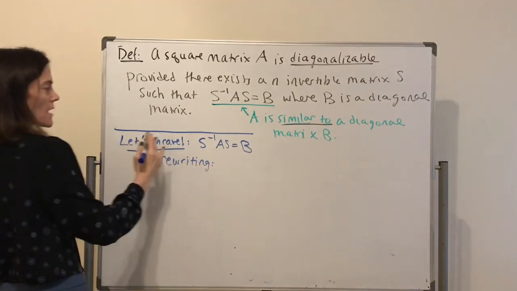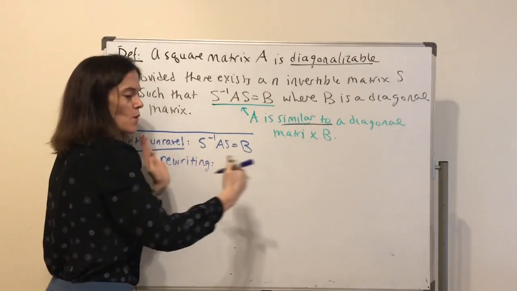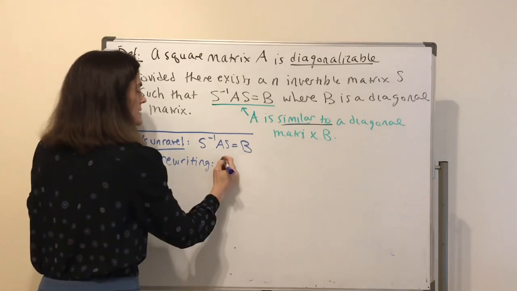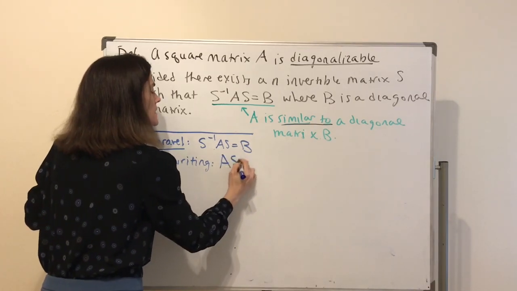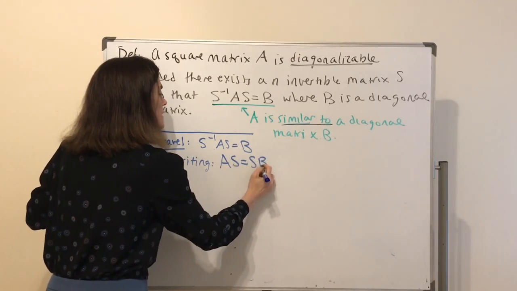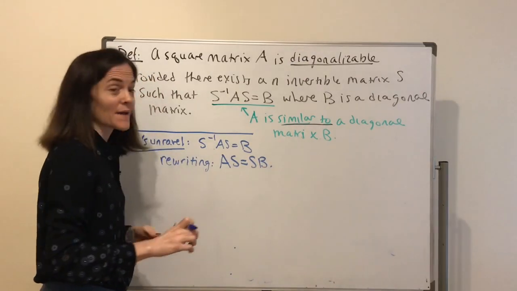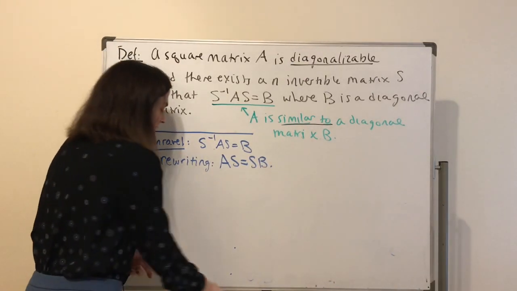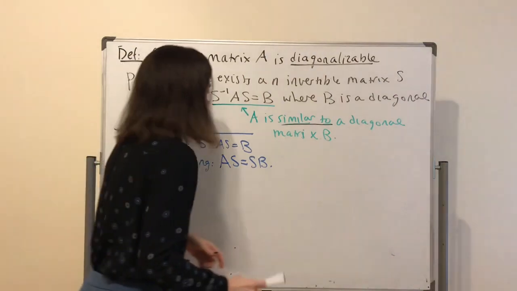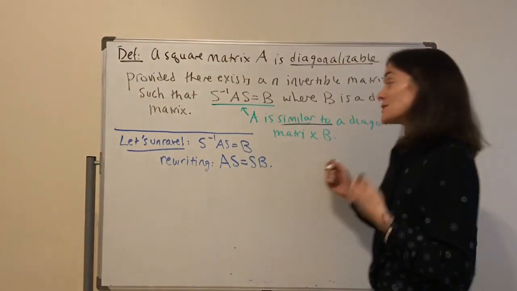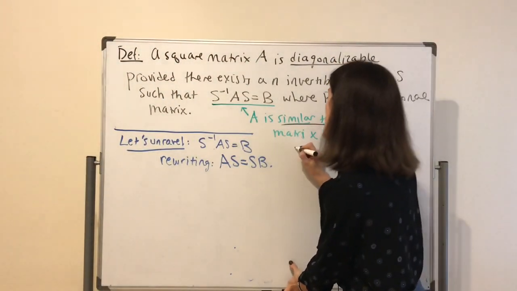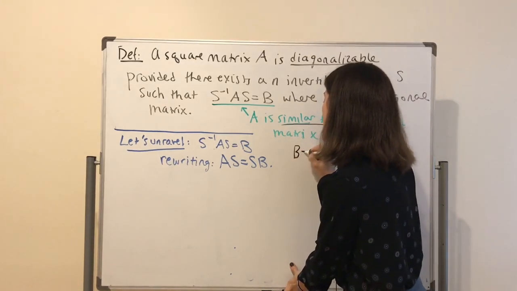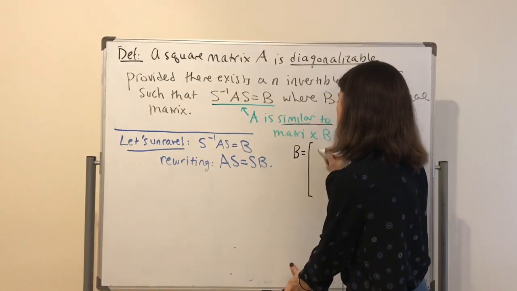If you multiply on each side this way by S, it reads AS equals SB. It's the exact same equation. But now let me give myself something to work with. We know B is diagonal, so it's going to have the following form.